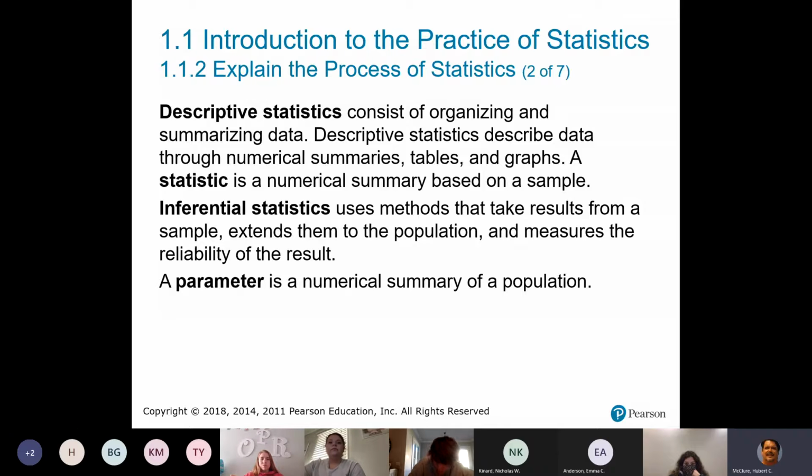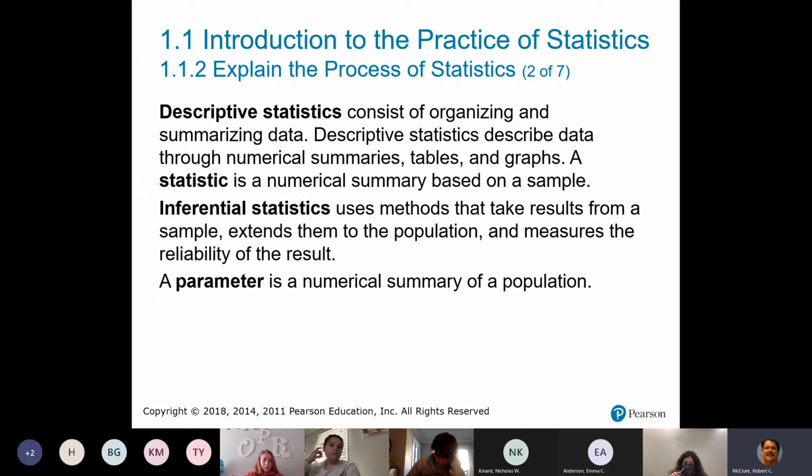All right? And I do like one thing. You're summarizing data versus predicting. So descriptive, you summarize data, where in inferential, you predict.